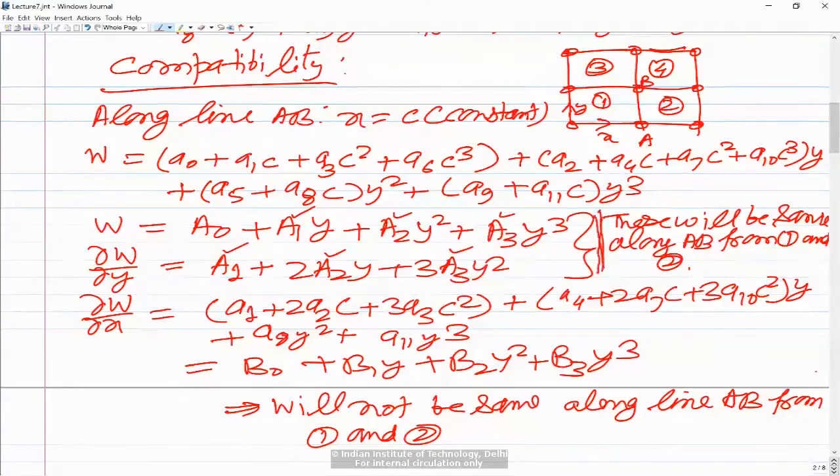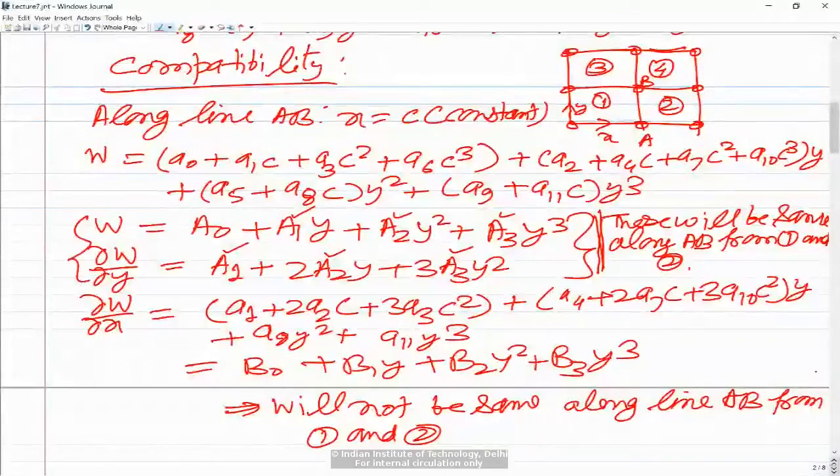Yes, sir. But sir, the variation is a 3-degree polynomial. Then how can we compare between two points? Because if it was only the value of W, then it is not possible. But at each point we have W and del W by del y.